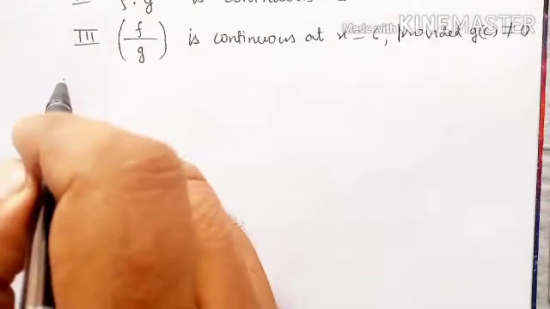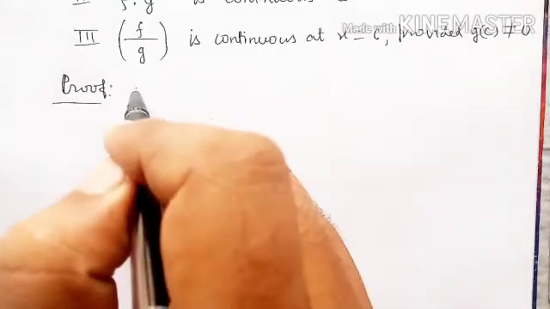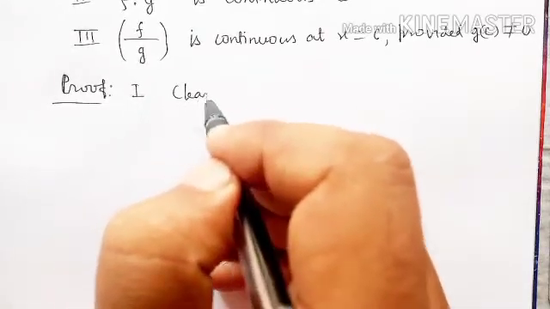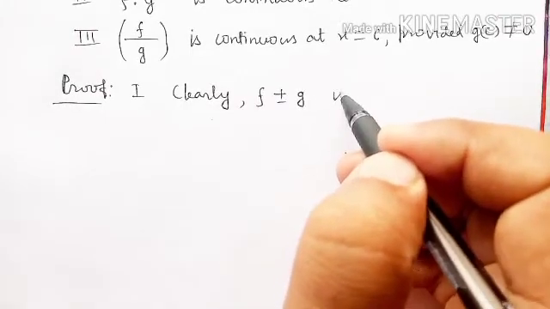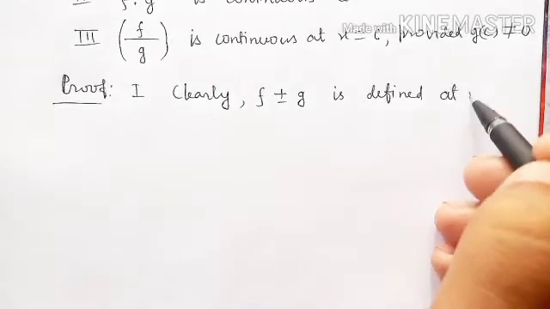Proof. First, clearly f plus minus g is defined at x equal to c.